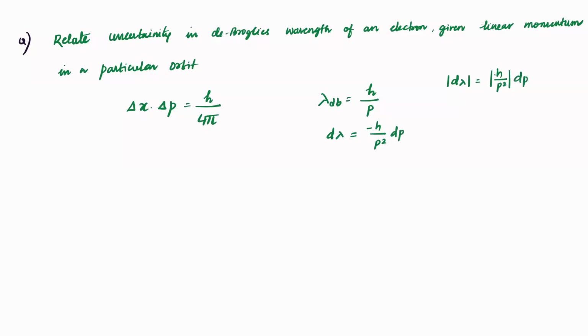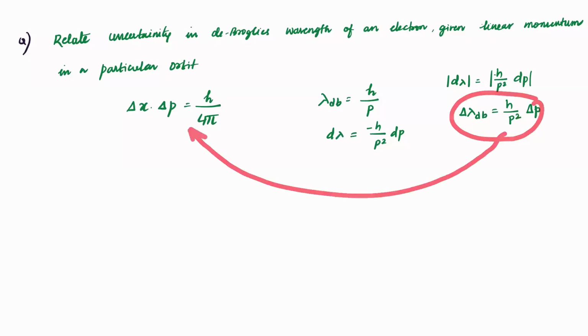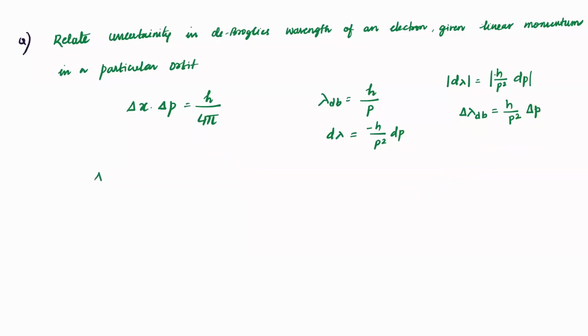Which means that if there is any uncertainty in the de Broglie wavelength, it can always be written as h by p square into the uncertainty in the momentum. This is logic that you can use directly here. So what do we get now? We get delta x dot delta p, which can be written as p square by h into delta lambda, is equal to h by 4 pi.